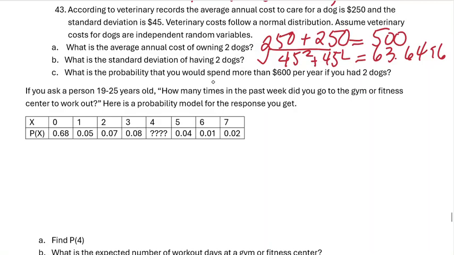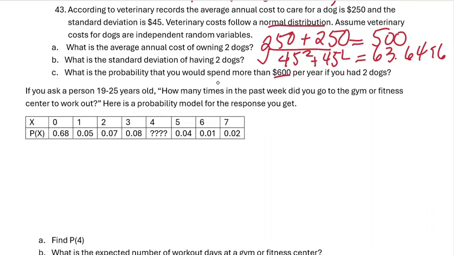Number 6496. What is the probability that you would spend more than $600 per year if you had 2 dogs? Well, we know that veterinary costs follow a normal distribution. More than 600 is going to be normal CDF, 600, 1E99.